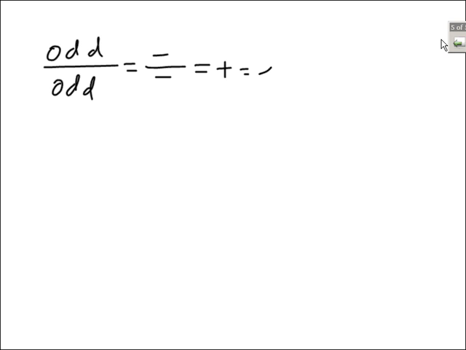Think of odd as negative and think of even as positive, and then you'll have the answers. You have an odd function divided by an odd function. Think of odd as negative. Negative over negative is positive, which is even. That is, odd divided by odd is even.